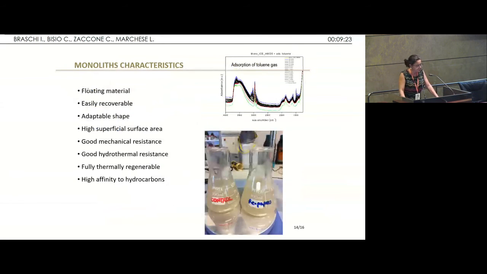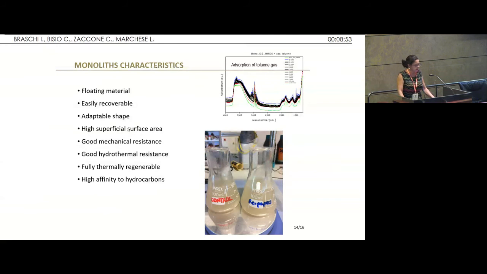Other characteristics of this sorbent material are that it can float on the water, and for this reason it is very easily recoverable. And the shape can be adapted, so we can decide which type of shape is best for the best absorption.